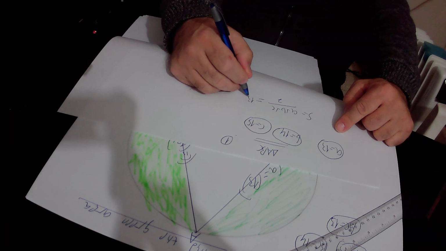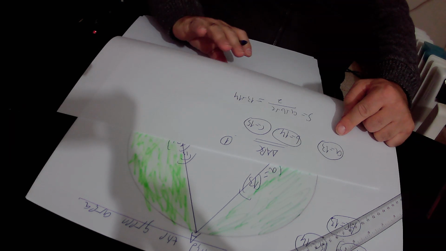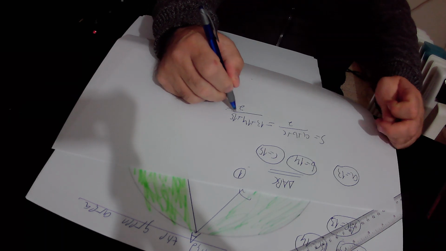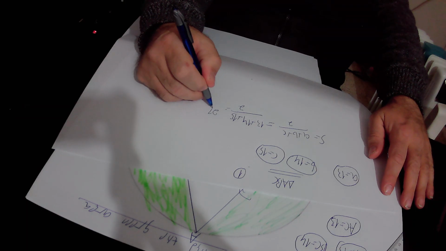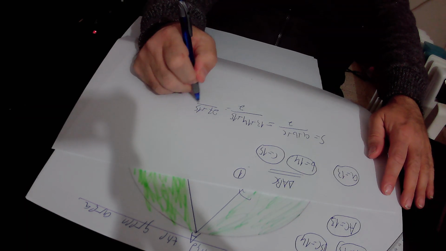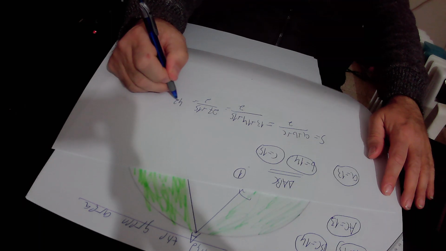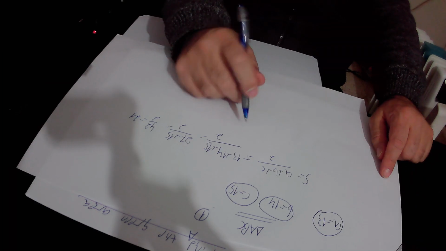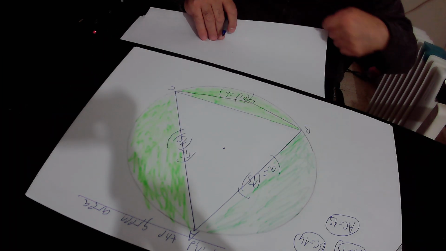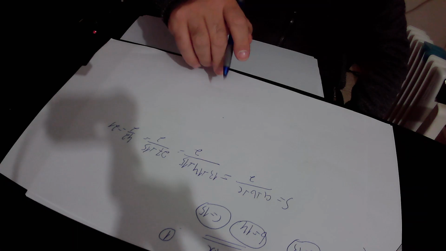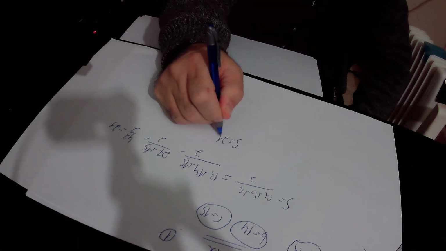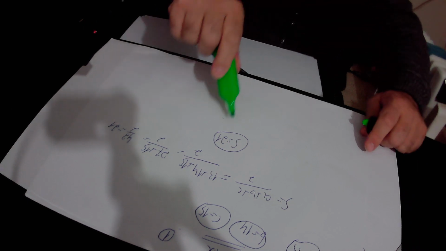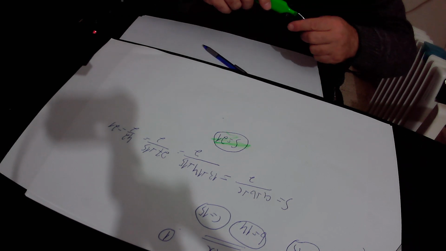A is 13, B is 14, and C is 15, all divided by 2. 13 plus 14 is 27, 27 plus 15 is 42, and 42 over 2 is 21. So finally we found that the semi-perimeter S equals 21 units.